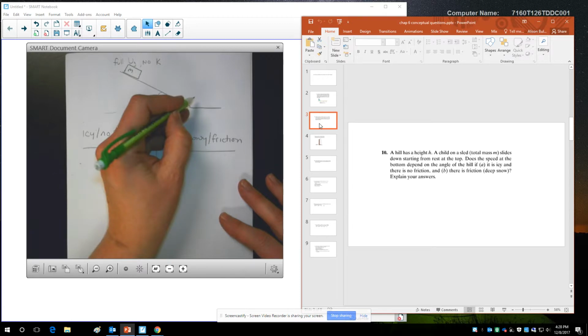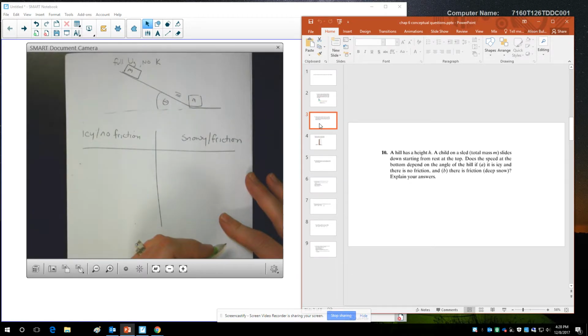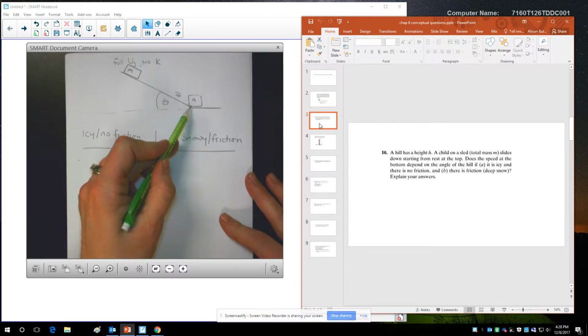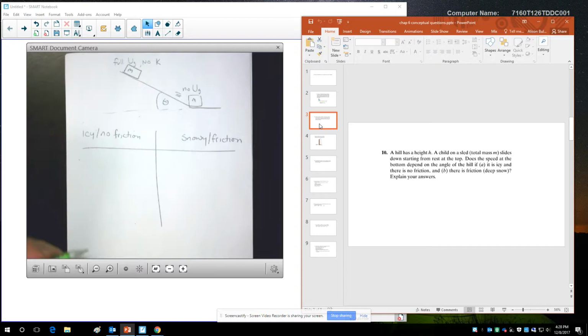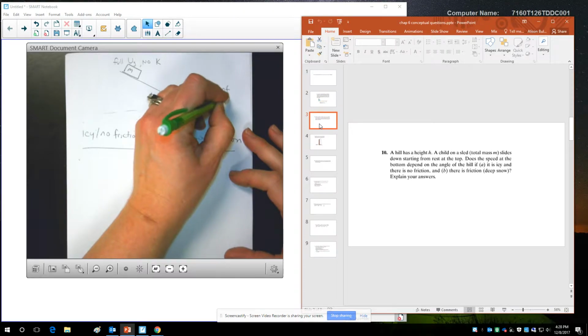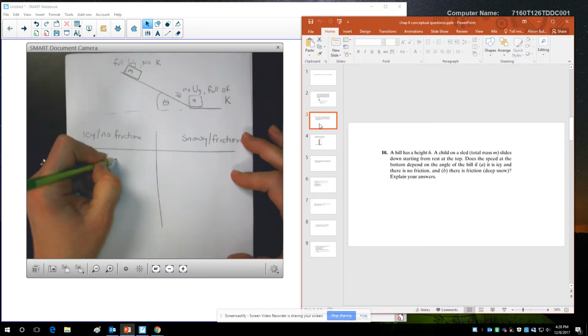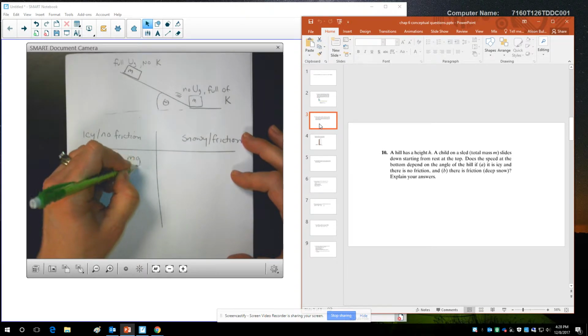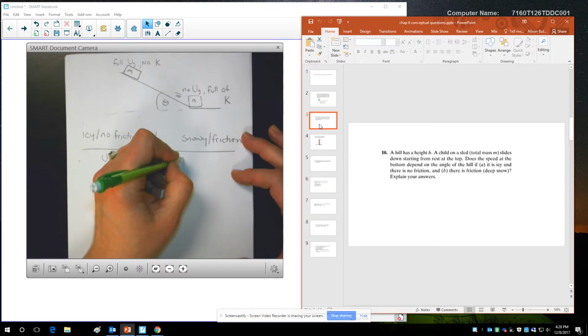At the bottom of the hill, the kid is going fast, and has dropped to the bottom of the hill, so no gravitational potential energy, at least compared to its lowest point in this consideration, and full of kinetic energy. We're remembering that gravitational potential energy has to do with position above the surface of the Earth, and kinetic energy has to do with velocity.